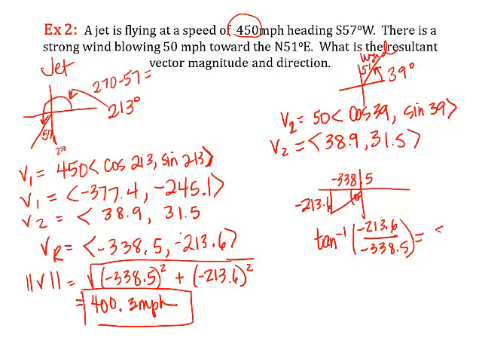So that gives me the angle of 32 degrees. Now, that angle of 32 degrees is the angle between here and the x-axis. I need the angle between the y-axis and that. So all I really need to do is then take 90 minus that 32.